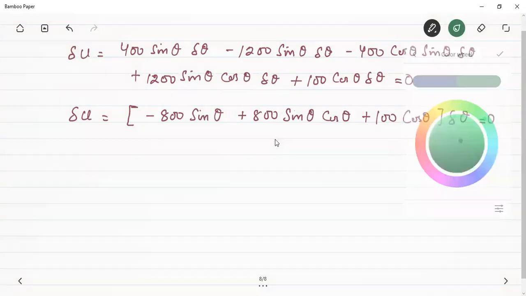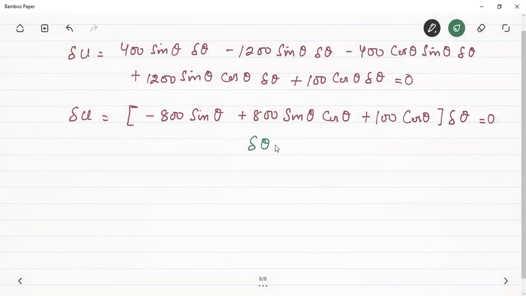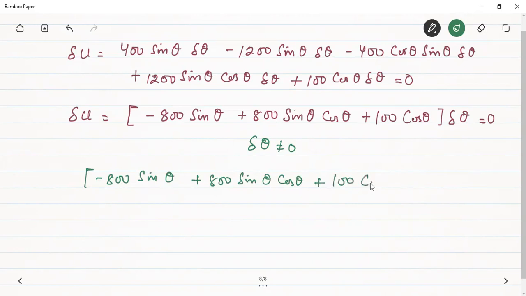And since we are giving the virtual displacement, we can't take delta theta to be 0. Therefore, what has to be 0 is minus 800 sine theta plus 800 sine theta cos theta plus 100 cos theta.